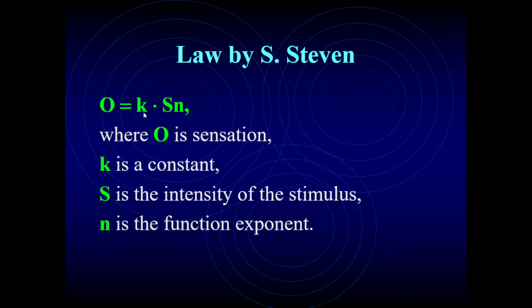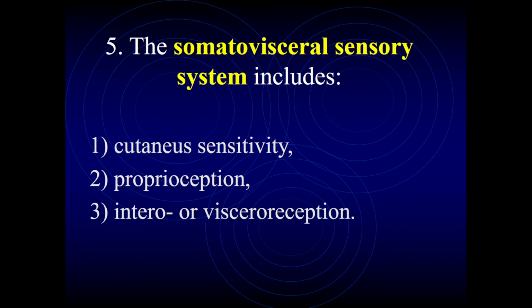O equals K times S to the power n, where O is sensation, K is a constant, S is the intensity of the stimulus, and power n is the function exponent. That's all about the general physiology of the sensory systems.